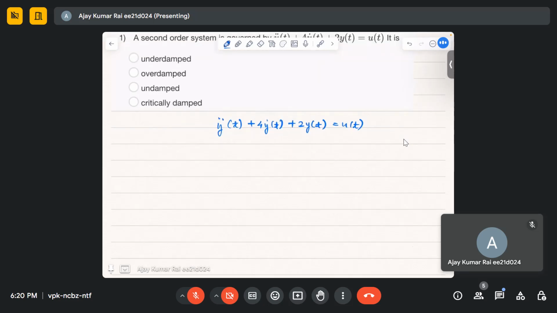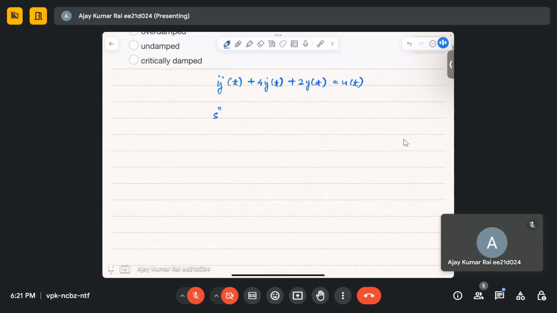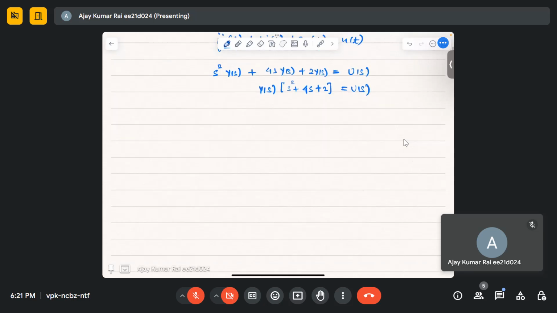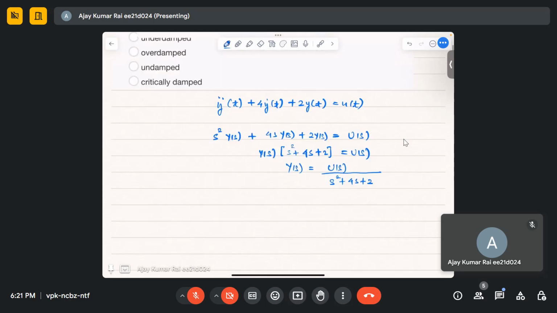Let me first take the Laplace transform with the initial conditions equal to 0. So Y(s) is equal to U(s) by s square plus 4s plus 2.